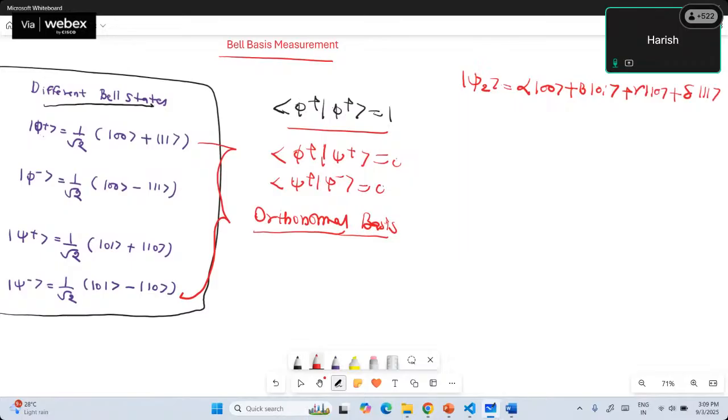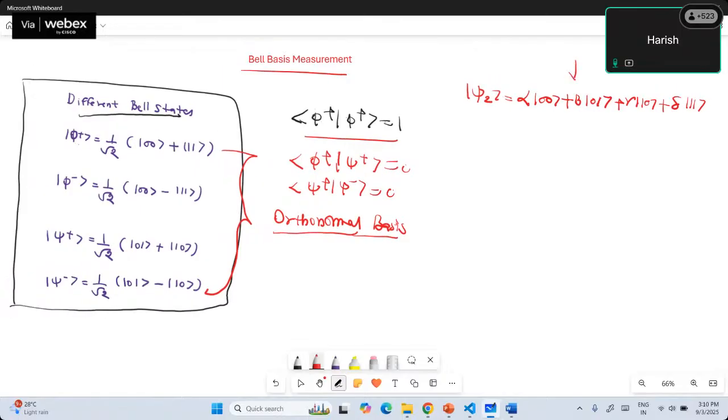This is the way we write a general two qubit state in the computational basis. These 00, 01, 10 and 11 are our computational basis.